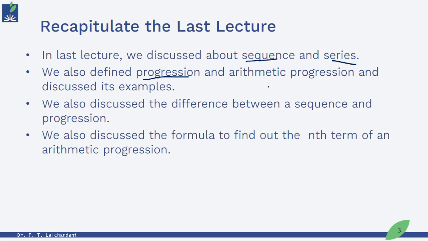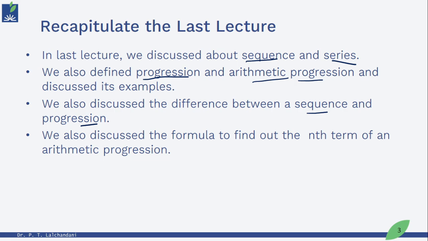In the last lecture we have already defined the arithmetic progression, and we also discussed certain examples. We discussed the difference between a sequence and a progression. We discussed that every progression is a sequence, but every sequence need not be a progression.